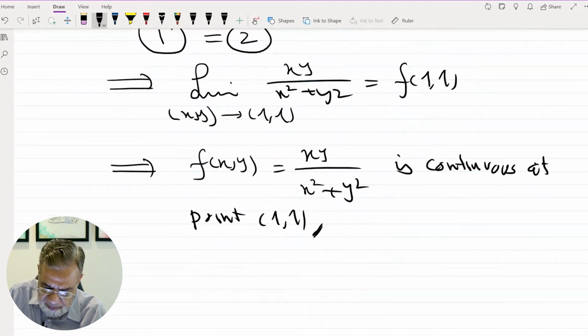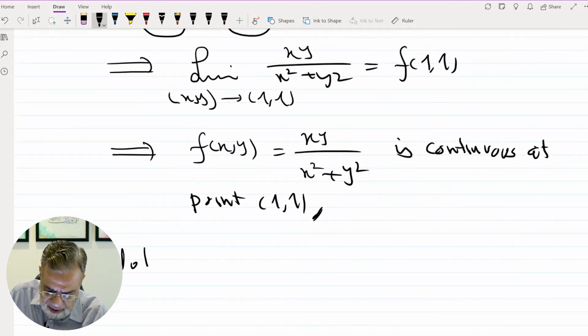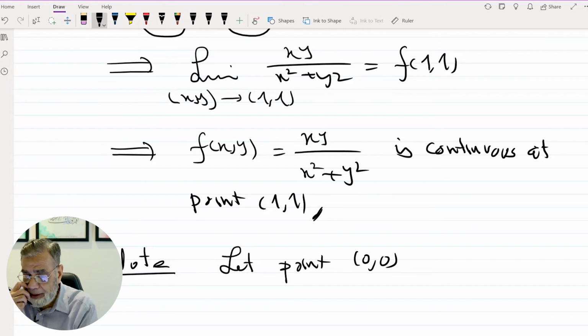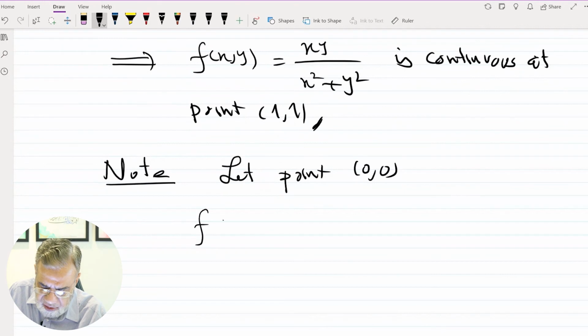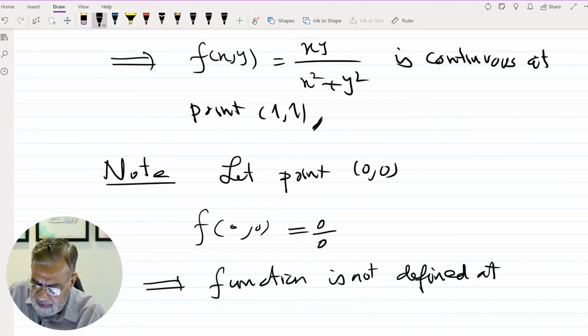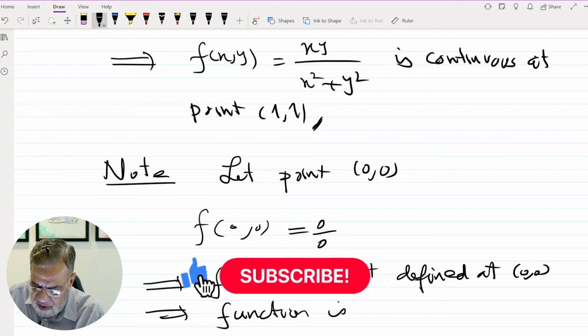As a note, let our point be (0, 0). We check the same function: is it continuous at the point (0, 0)? I want to find the value of the function at the point (0, 0). This is 0 over 0. This implies the function is not defined at the point (0, 0), which implies the function is not continuous.